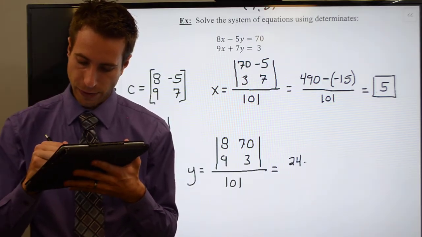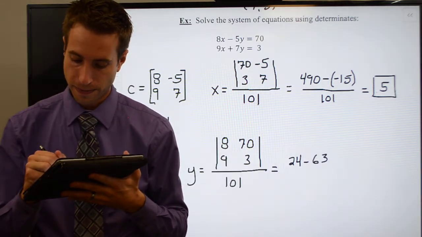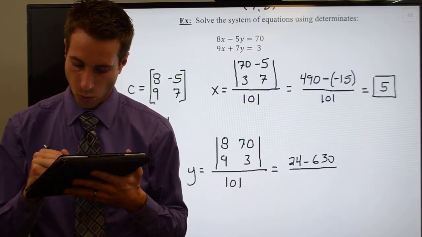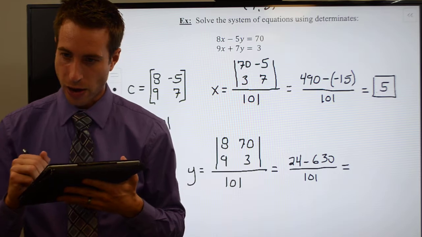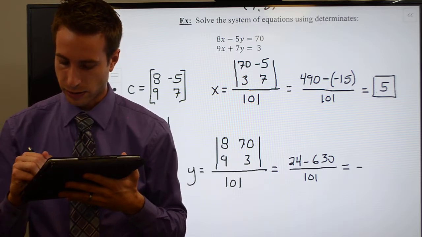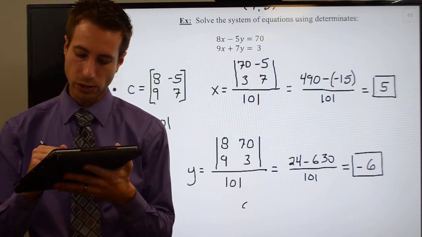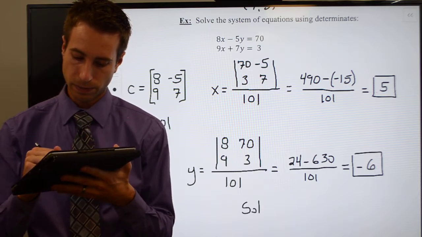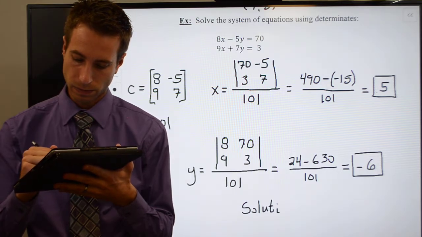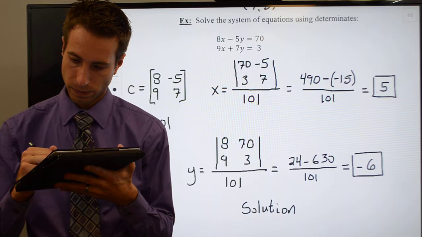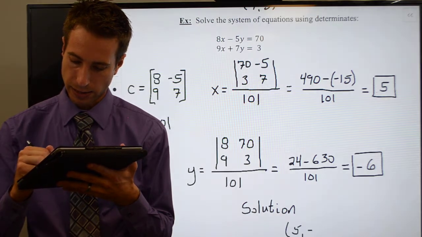I'm going to subtract from that 70 times 9, which is 630. That's all divided by 101. Don't fat finger something on your calculator, and hopefully it gives you an answer of -6. And so I wind up with a solution of 5, -6.